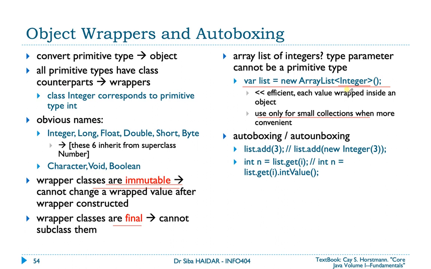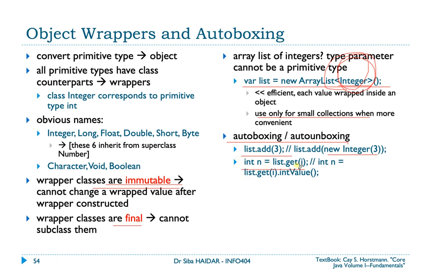Of course, this is a list of Integer and not of primitive type int, but because of autoboxing and auto-unboxing, you can write simply list.add(3) and the compiler will translate this to list.add and it will box the value 3 inside an object of type Integer.